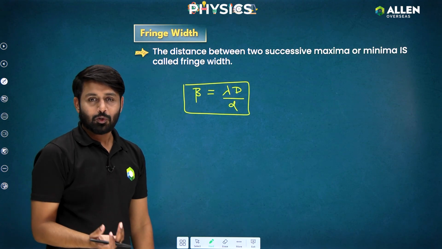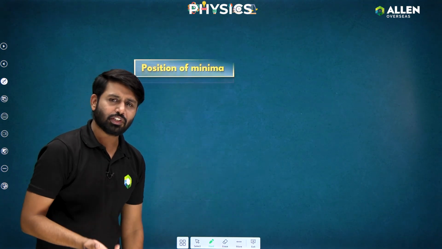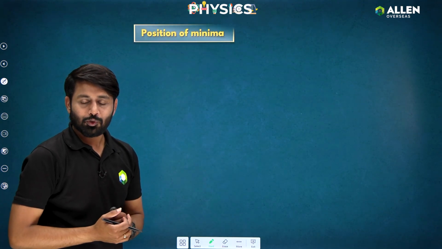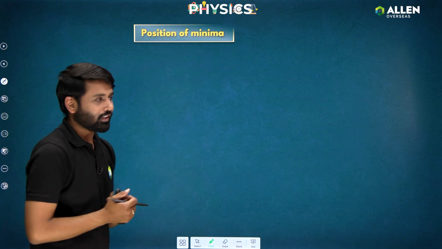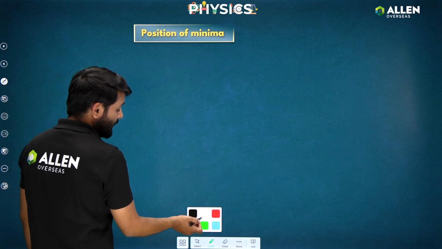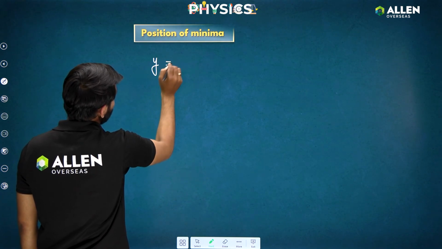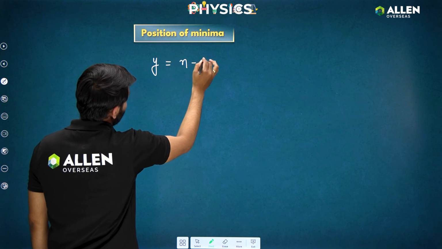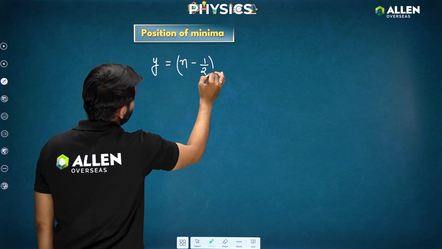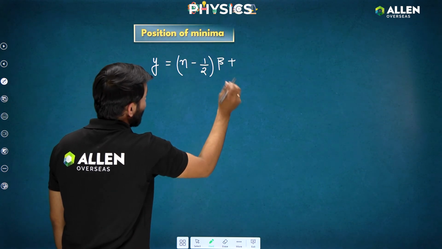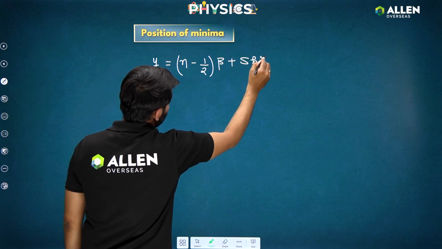You can say, sir, what about position of minimas? Now, position of minimas is very simple for you because you have to add only shift. So if you write position of minimas, y is equal to, you must know that, (n minus 1 by 2) times beta, and you have to add shift. Is that clear?